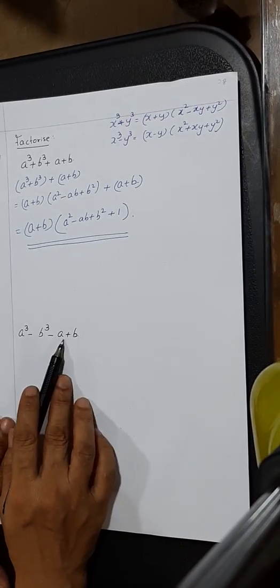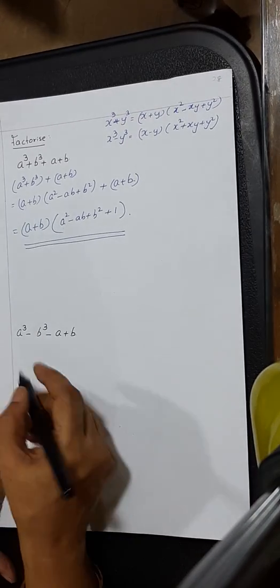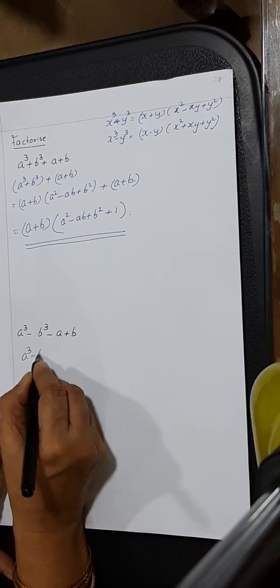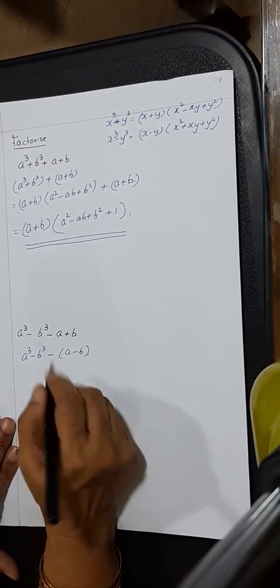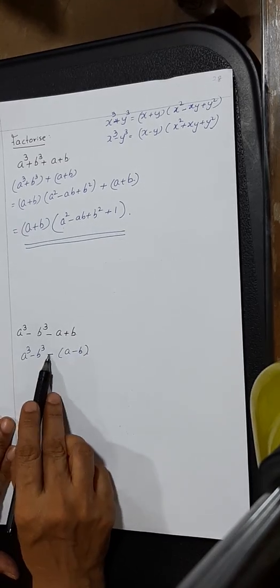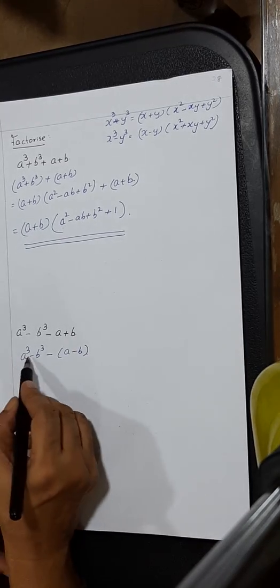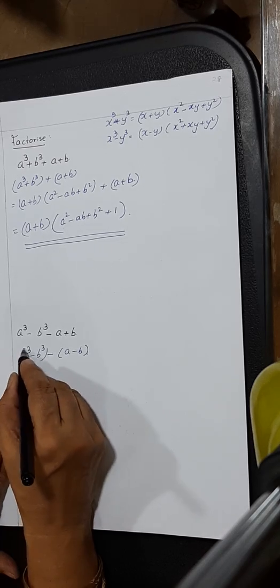Now coming to this, it is somewhat similar to the same. So it is a cube minus b cube minus of a minus b, because this is plus, so minus minus plus. Now we will factorize this a cube minus b cube.